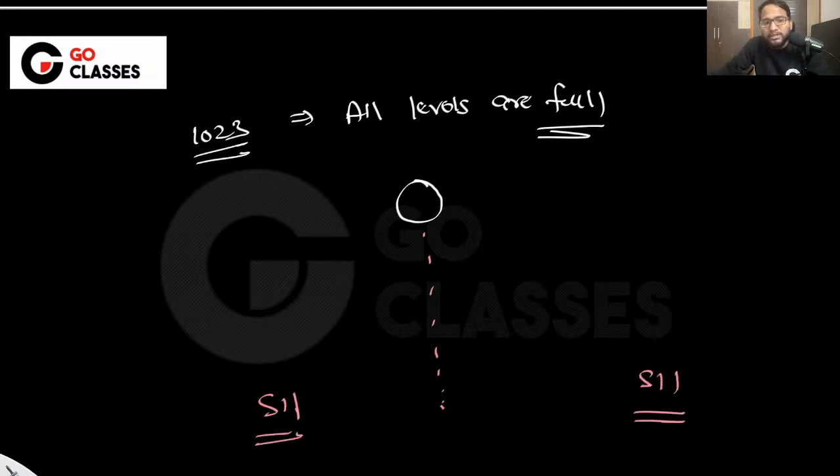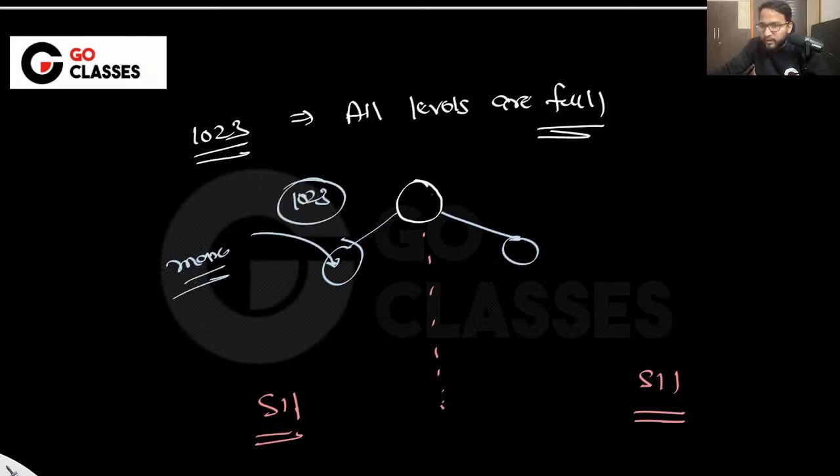Now they are saying, what is the maximum number that could appear on the first level. Let's suppose this one. What is the maximum number that you can have here? Can you put 1023, which is the maximum actually? If you put 1023, then see, the situation is something like this. On the left hand side there are 511 elements, which means there are 511 elements below this.